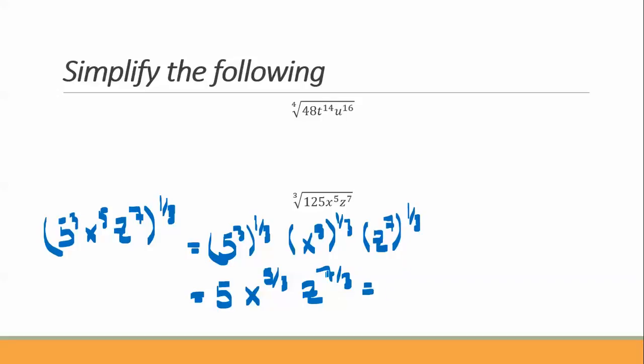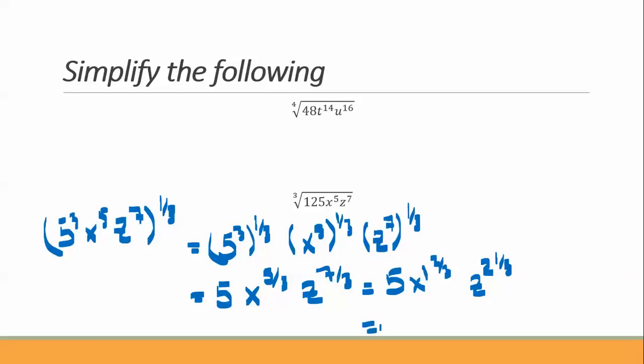Now I'm going to write these two as mixed numbers, so that's 5 x to the 1 and 2/3 and z to the 2 and 1/3.